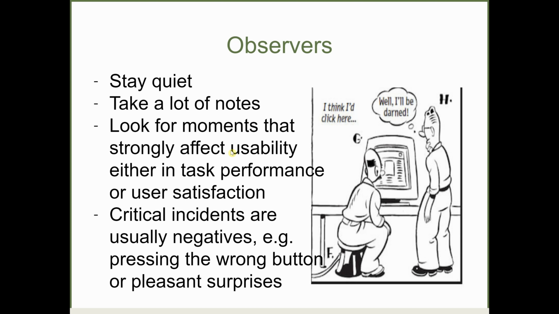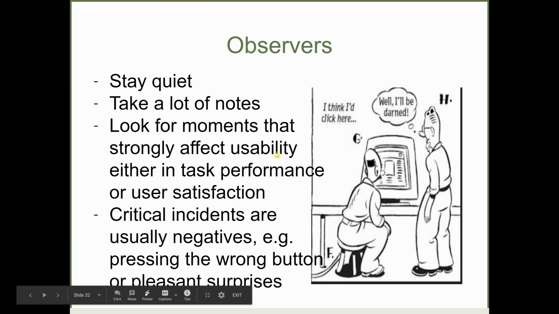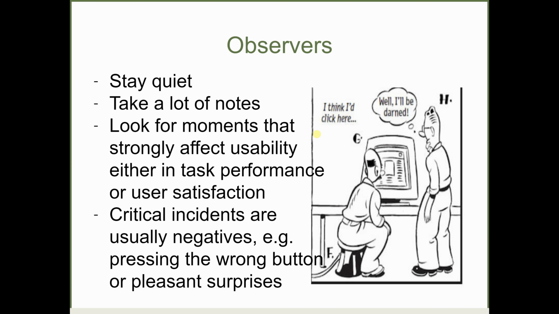All right, and they are looking for critical events, the critical incidents. The critical incidents are usually negatives, or they can also be pleasant surprises. Whenever they notice a reaction from the user, whether positive or negative, the observers are going to quickly note it down.